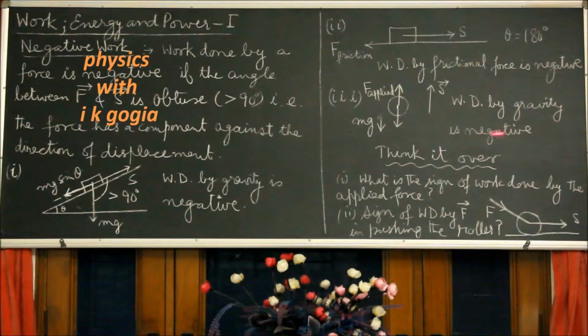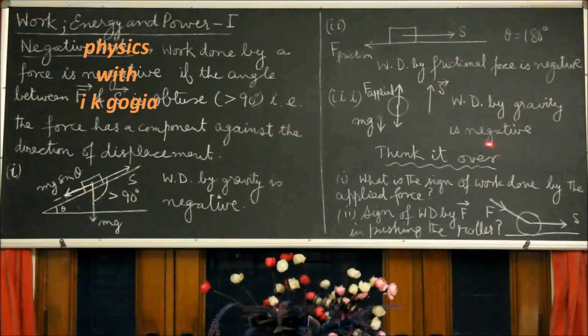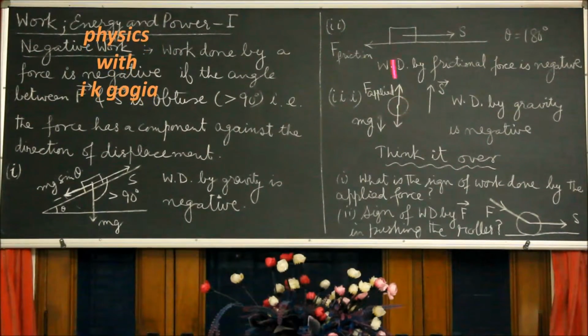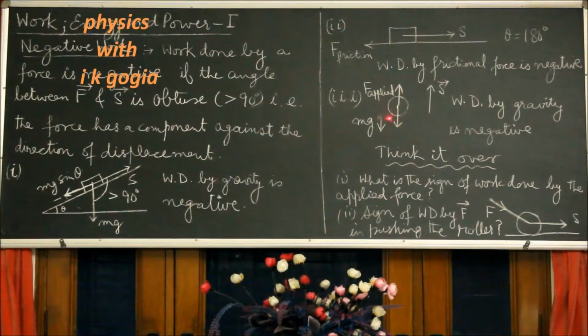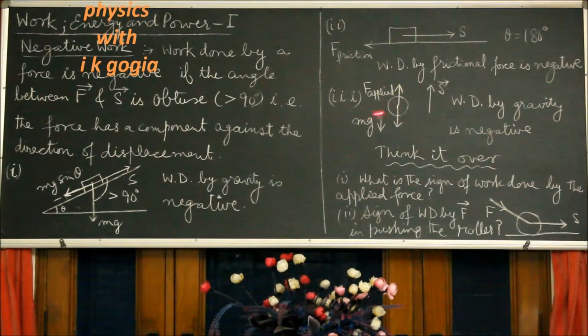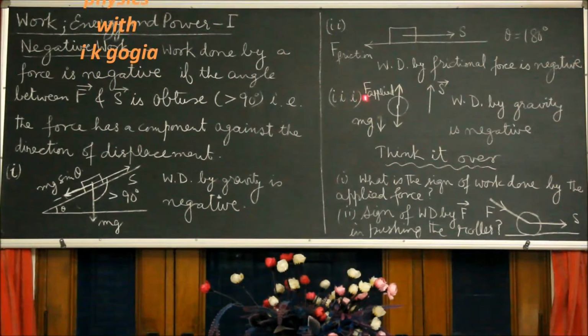Therefore work done by gravity is negative. However, one thing to be noted: we are moving the body upwards with the help of an applied force. The work done by the applied force will be positive because the force applied and the displacement are both upwards.